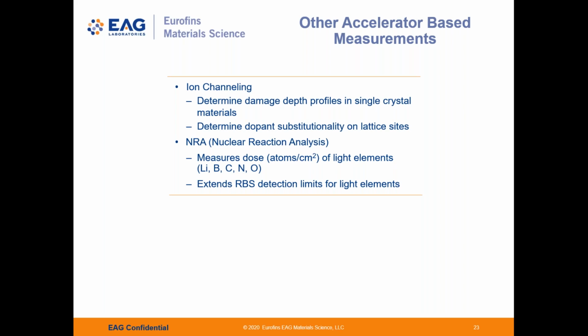This compound nucleus decays, releasing energetic photons or gamma rays and/or energetic particles, leaving a residual nucleus behind. NRA can be useful for extending the lighter element quantification. Let's look at a couple examples of channeling and NRA.